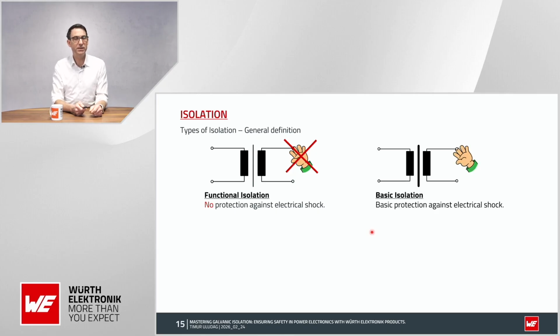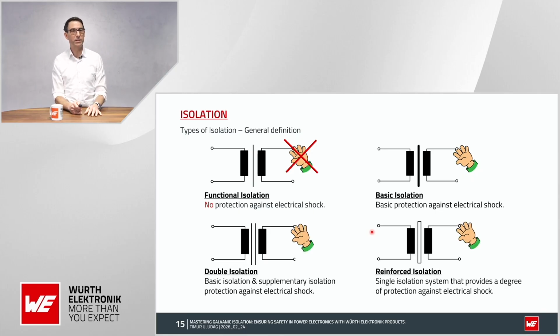Second, the basic isolation. The basic isolation gives you a first real isolation so that you cannot get an electric shock. The third one and the fourth one are double isolation. The double isolation is the basic isolation plus a second layer of isolation, so that also in a one failure event you will have a good isolation.